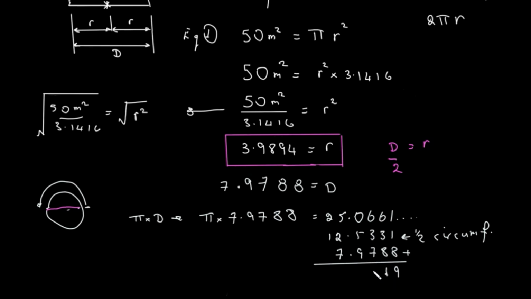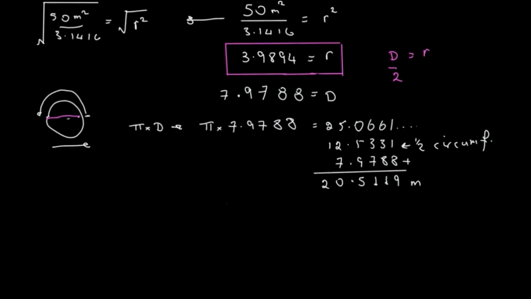Carrying 1, 7 plus 8 is 11, carry 1, then 10 and 5 is 15, carry 1, 8 and 2 is 10, so that's 20. Don't forget the unit of measurement is meters. So all the way around, and then across on this line here is that. Take your time, think about what you're doing. Now we've got the number.